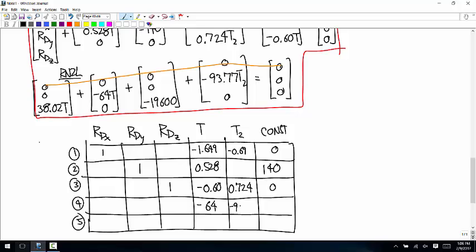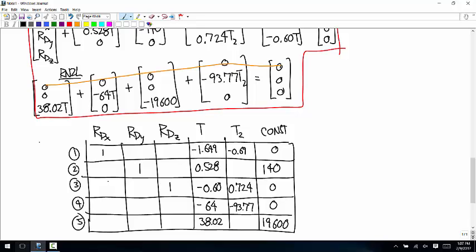T2s, we have negative 93.77. And no constant. And then 5, T's, we have 38.02. The constant, we have positive 19,600. Everything that's not filled in is 0. And then reduced row echelon form on that matrix gives you the answers.